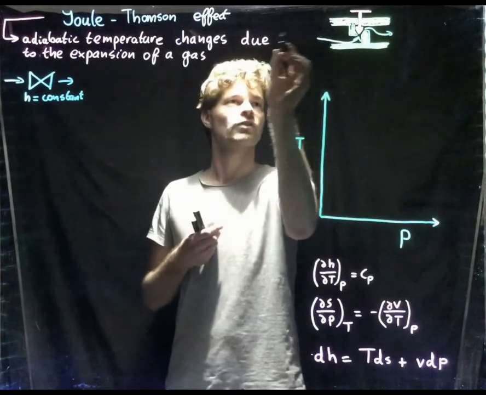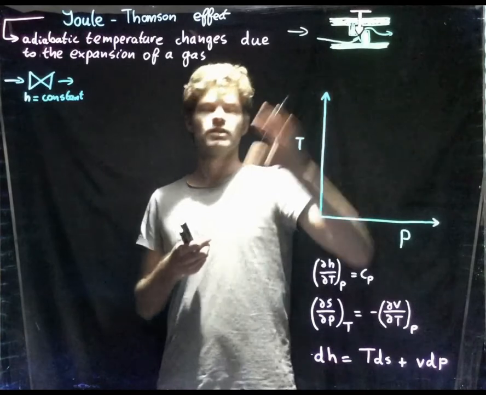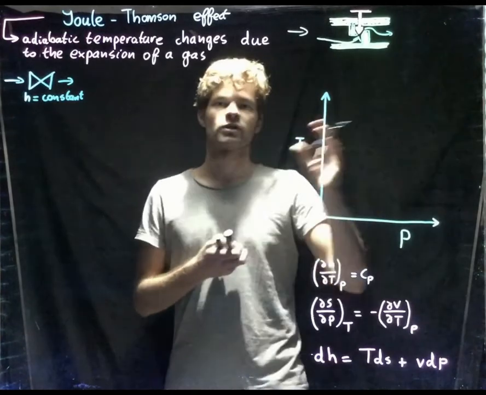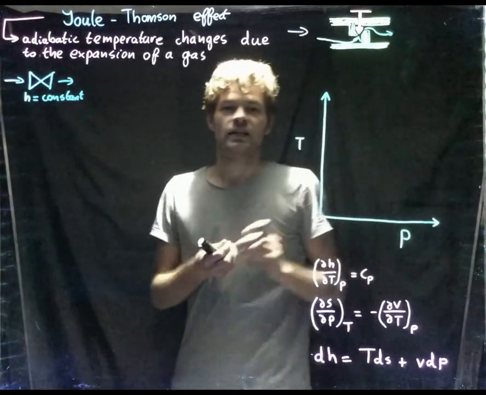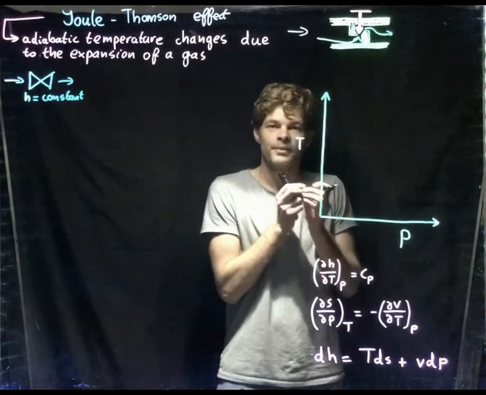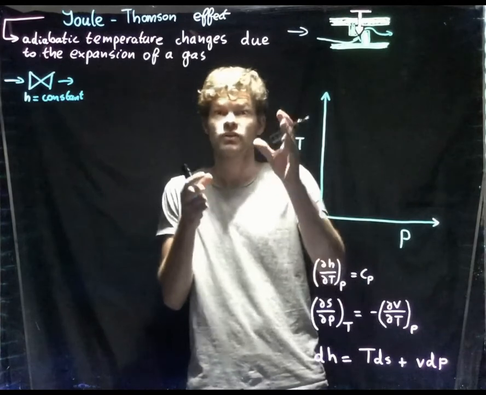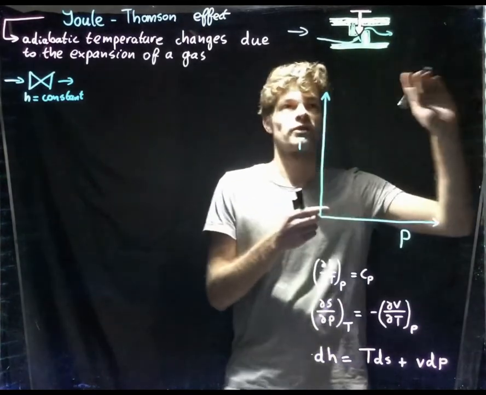And of course the flow coming from this side has a certain volume and certain pressure, a certain temperature, and when going through this narrow area, the velocity has to increase, since the mass flow, of course, should remain constant.